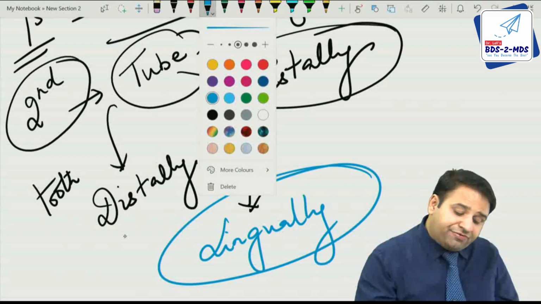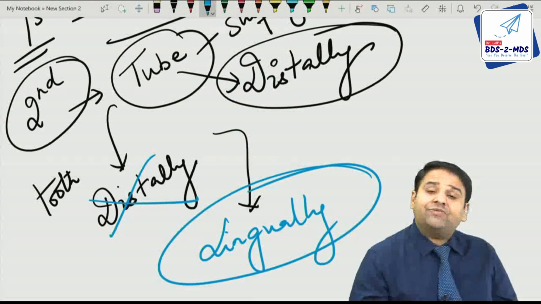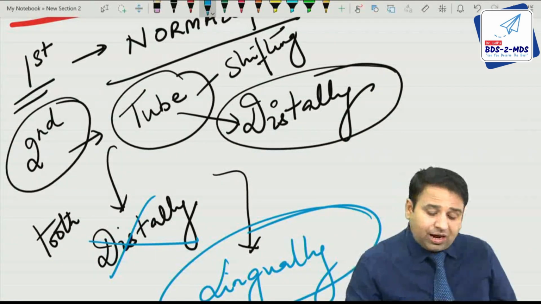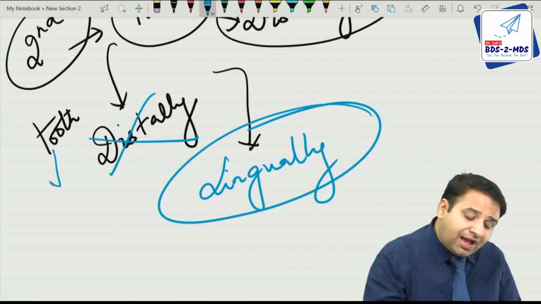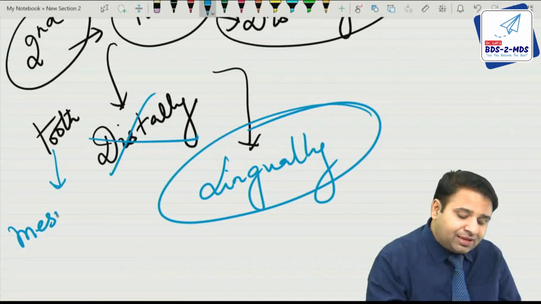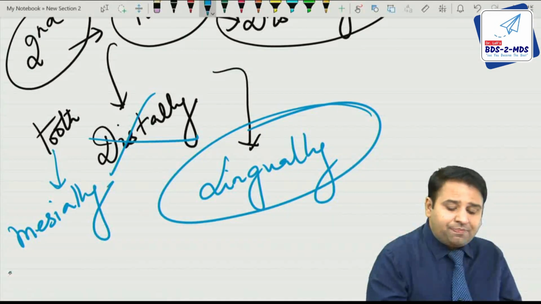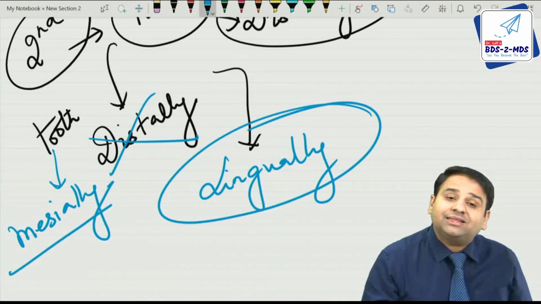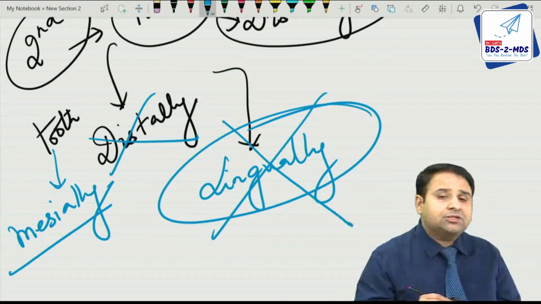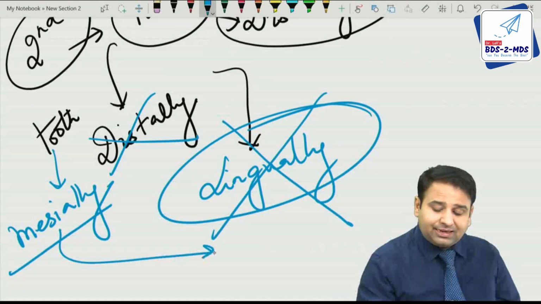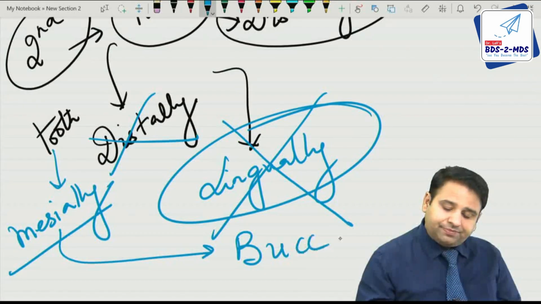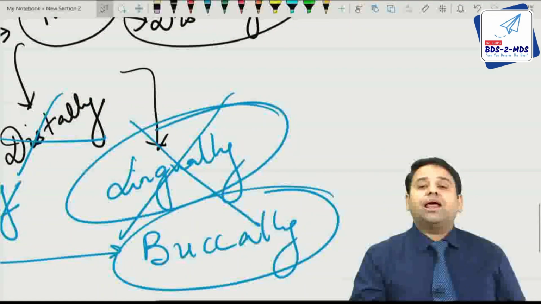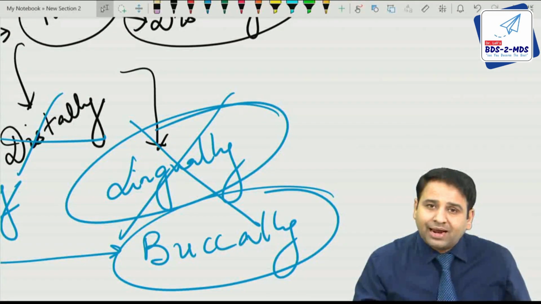But when I shifted the tube distally in the second radiograph, if that tooth moved mesially, that is, it was lying in the premolar region but now moved towards the canine region, that means it is not lying lingually, it is lying buccally, because same lingual and opposite buccal, right?